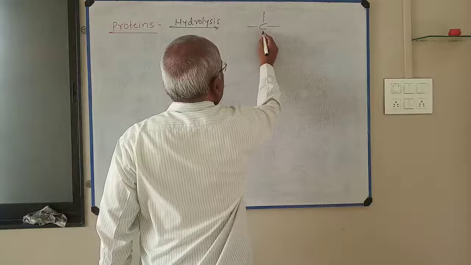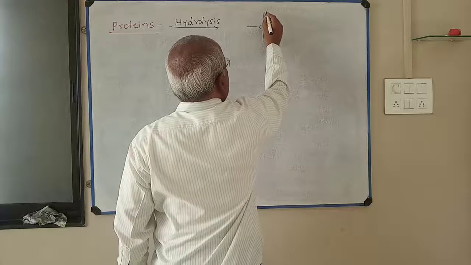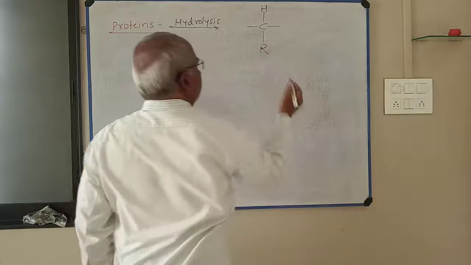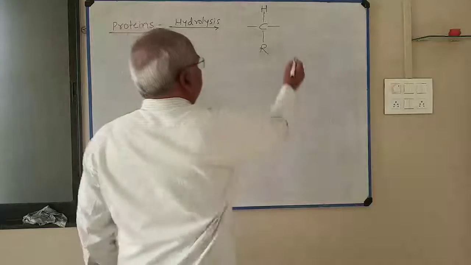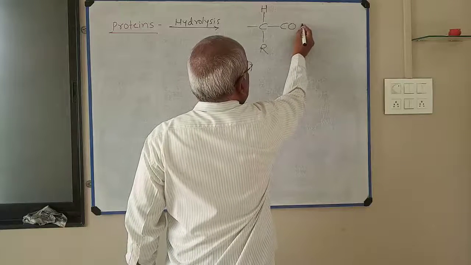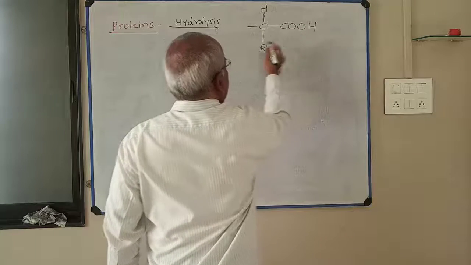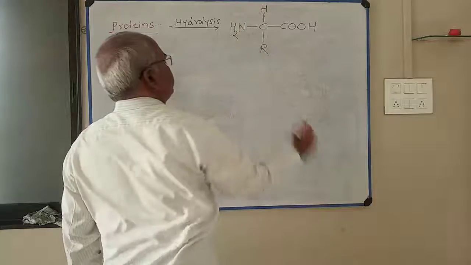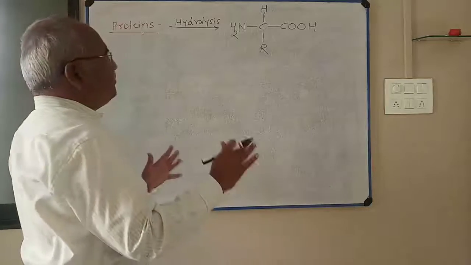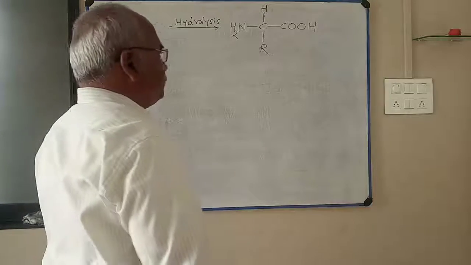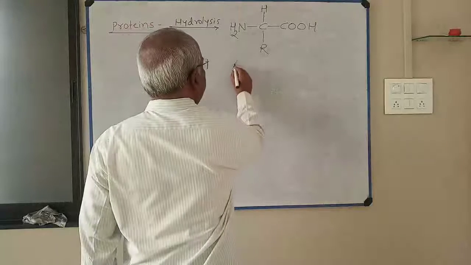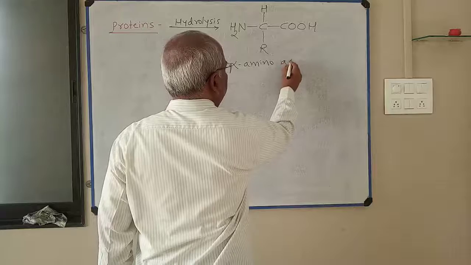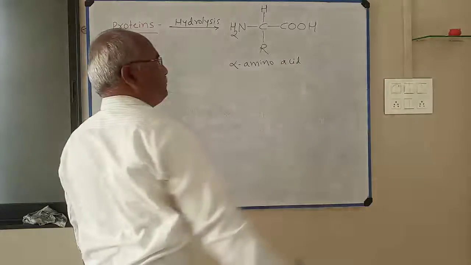So this is tetravalent carbon, here is hydrogen, here is alkyl or aryl group, here is carboxyl group COOH, here is amino group, basic group, primary amino group. So this compound is alpha amino acid.